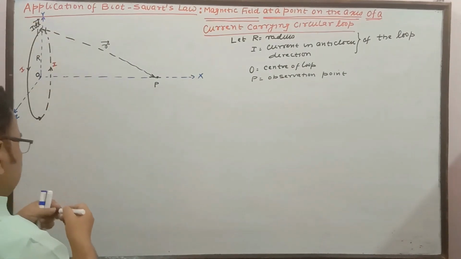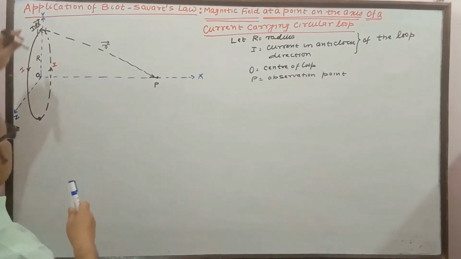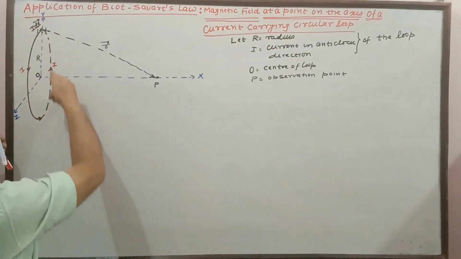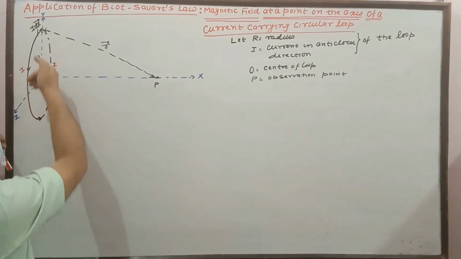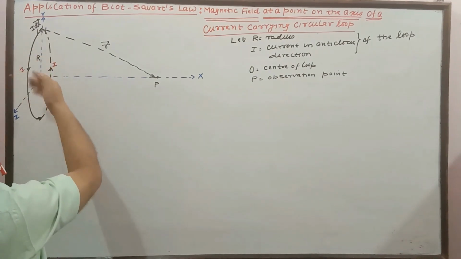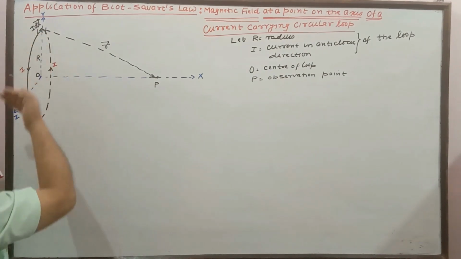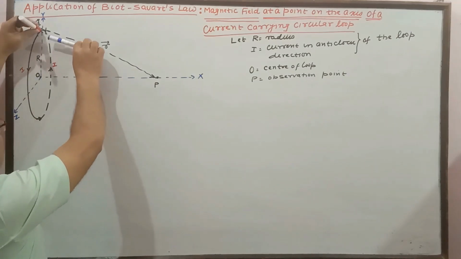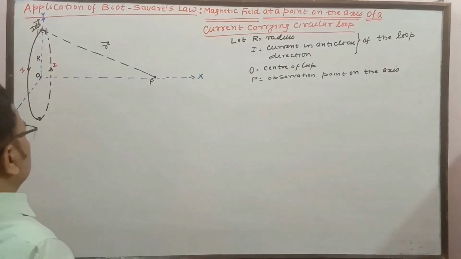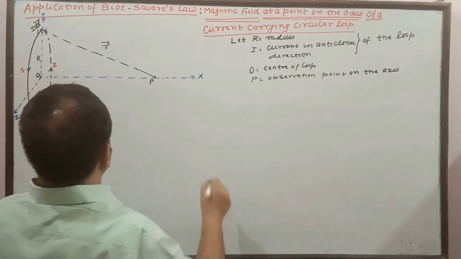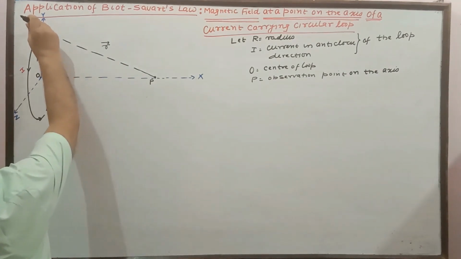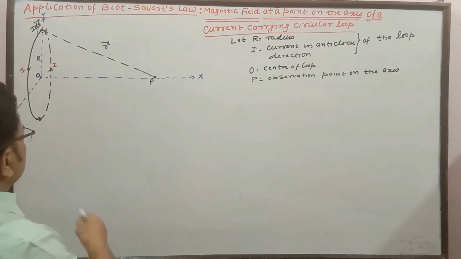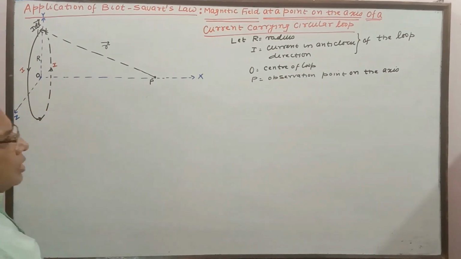Here this I dl is coming out because the loop is perpendicular. So this dotted side is inside the blackboard and the solid one is outside the blackboard. So half is outside, half is inside. If this is the vector I dl coming out and this is r, these two are perpendicular.